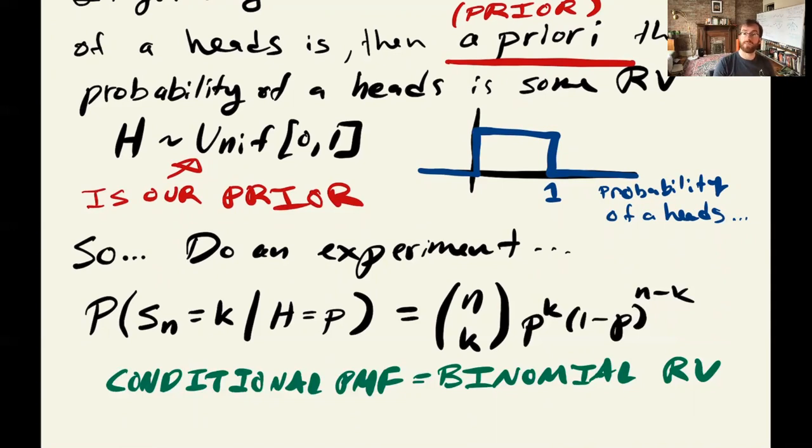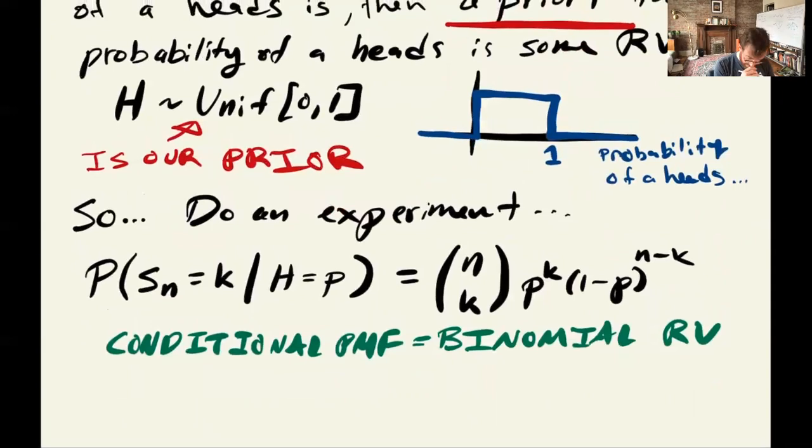Our discrete random variable in this case is counting the number of heads that have been flipped. But since we are not sure as to what is the distribution for the probability of heads, right now we're just starting with the simplest uniform continuous random variable, which is a uniform on 0 to 1. So it's conditioned here on a continuous.